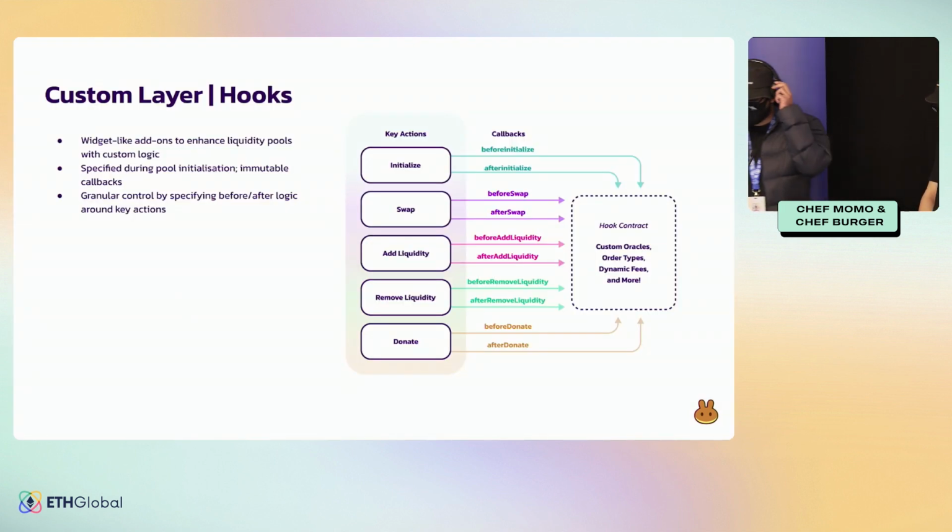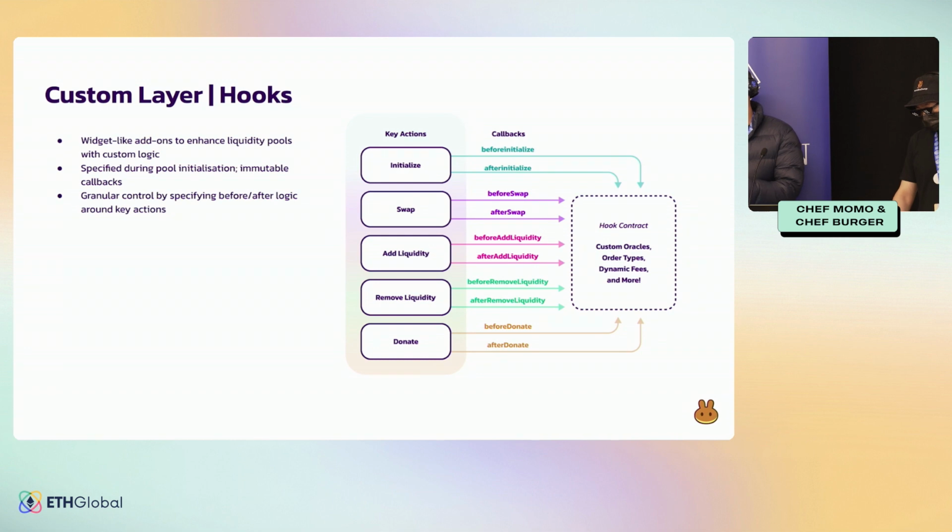Okay, so you can assume that previously there was a liquidity pool, and there was no possibility to add any other feature on top of that liquidity pool, right? Now, hooks are externally deployed contracts where you can deploy certain logic at any of these key actions. For example, swap, right? There are two callbacks which you can implement. Let's say a swapper comes to a pool and wants to swap.